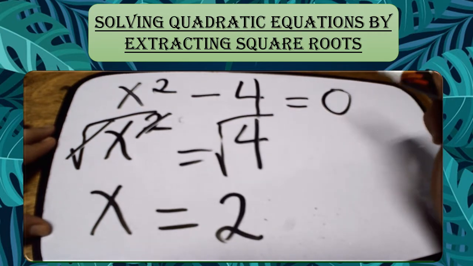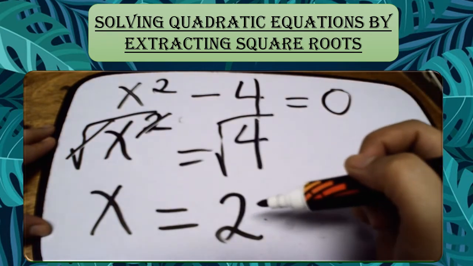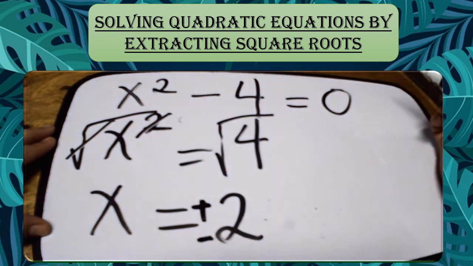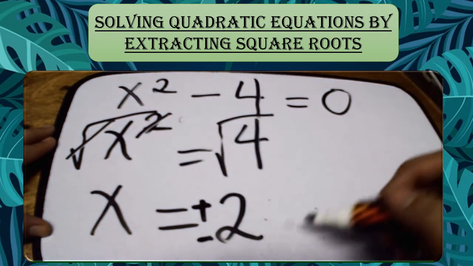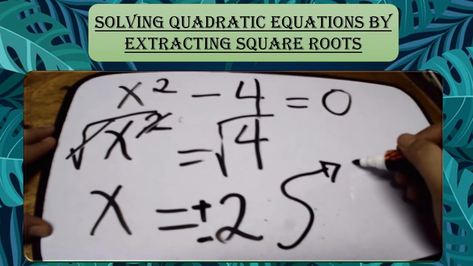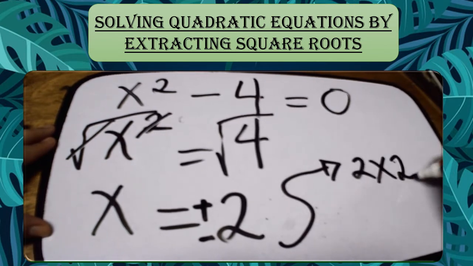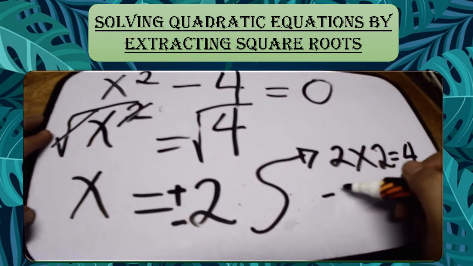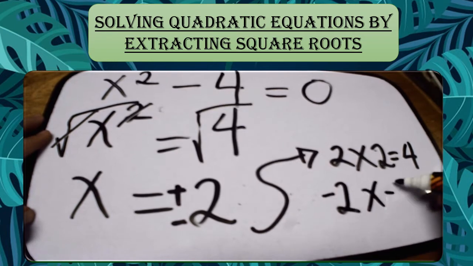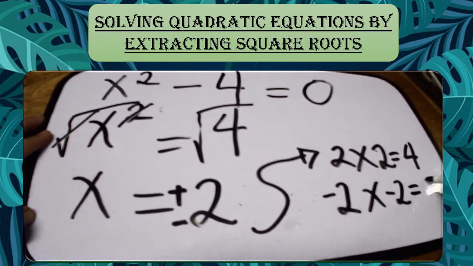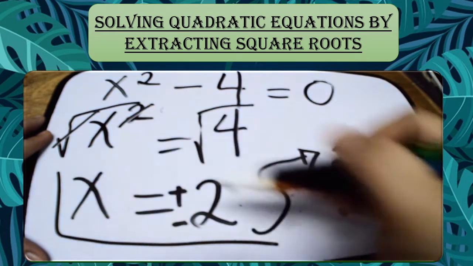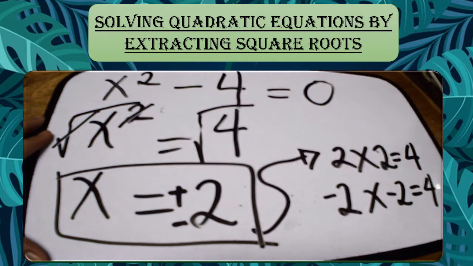The square root of 4 is not only positive 2, it is positive and negative 2, because 2 multiplied by 2 is positive 4 and negative 2 multiplied by negative 2 is also positive 4. Therefore, the answer is x is positive and negative 2.